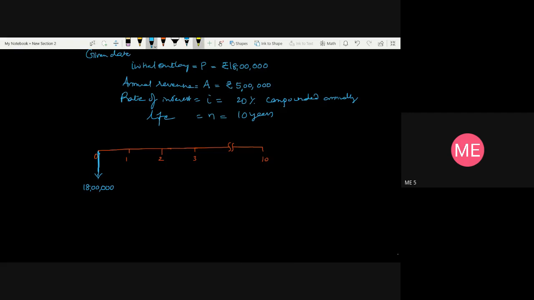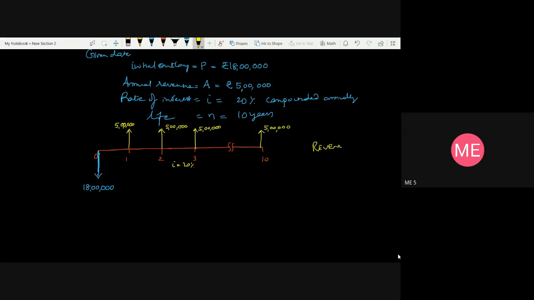Now at the end of every year, I have the annuity of 5 lakhs. At the end of the second year also, I have 5 lakhs as the annuity. Then at the end of the third year, 5 lakhs as the annuity, and also at the end of the 10th year, 5 lakhs as the annuity. By looking at the cash flow diagram, with I equal to 20%, we know that this is a revenue dominated cash flow diagram.